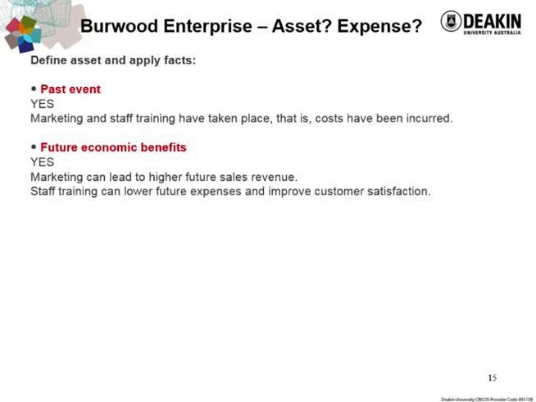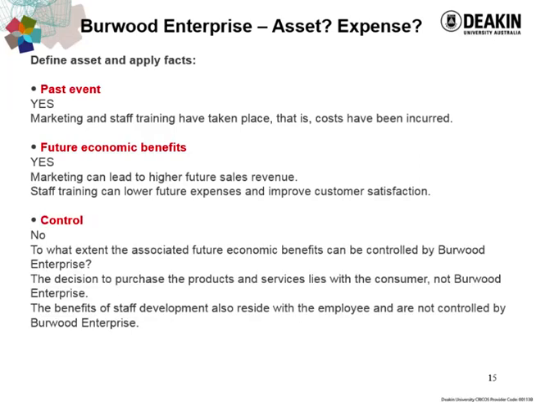Second, are there any future economic benefits? Arguably yes, because marketing can attract more customers and boost future sales revenue, while staff training can improve customer satisfaction, which leads to higher sales, and it can also improve efficiency, which will contribute to lower expense.